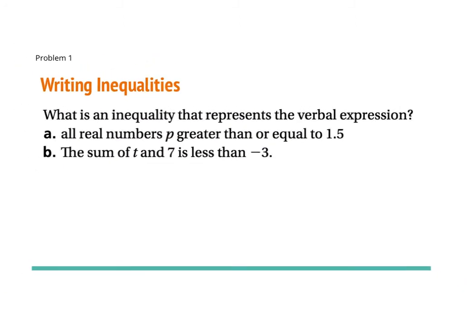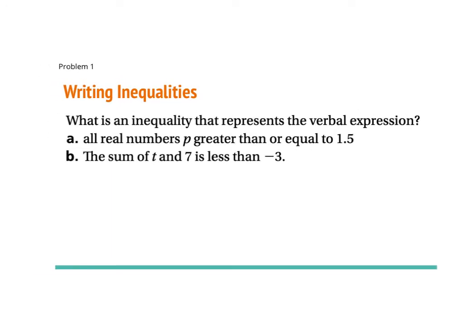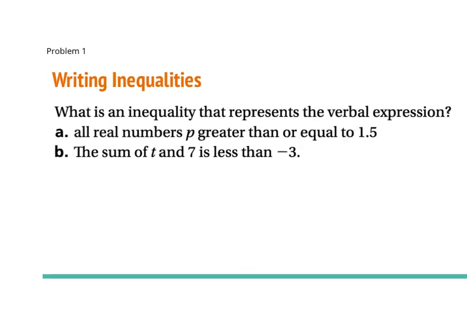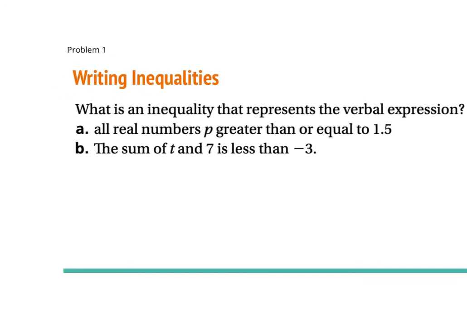Okay. What is an inequality that is represented by the verbal expression? Okay, so all real numbers p greater than or equal to 1.5. So all real numbers p, that's our first portion. That's just going to be p greater than or equal to 1.5.